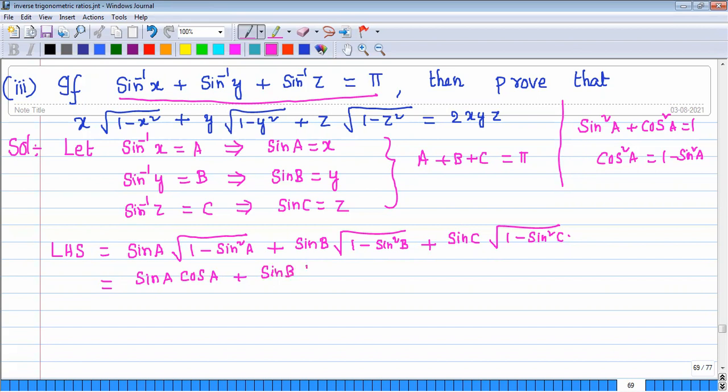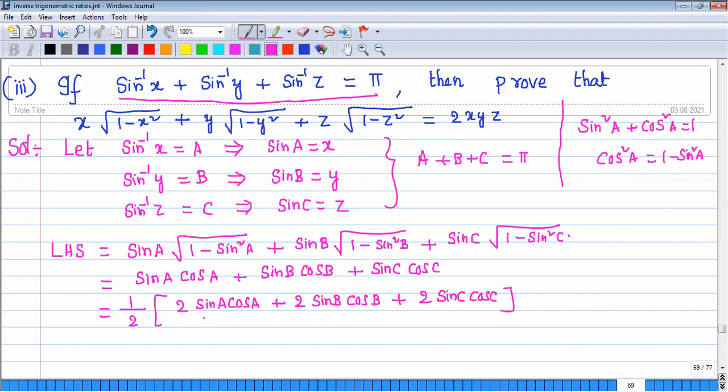Clear? Third term, sin c into cos c. Okay, so now multiply by 2 and divide by 2. That means half into this: write down 2 sin a cos a plus 2 sin b cos b plus 2 sin c cos c.